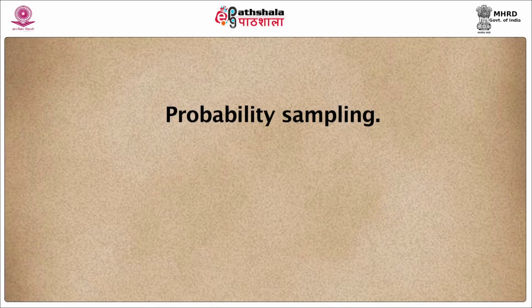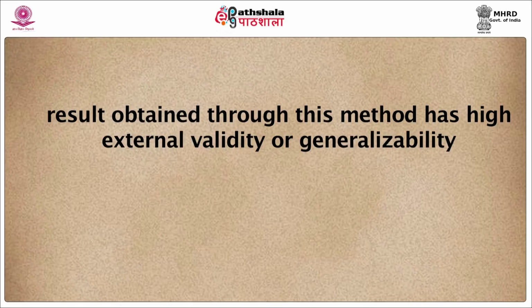Simple random sampling is the best known probability sampling. Even though it may not be considered an ideal method for choosing the sample, still results obtained through this method have high external validity or generalizability as compared to some other methods of sample selection.